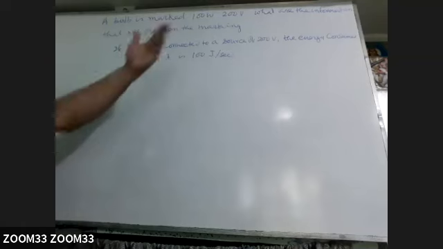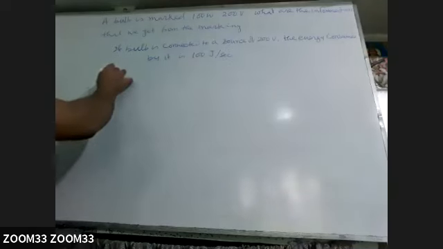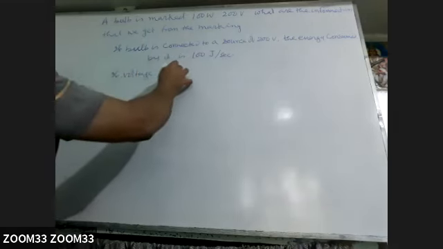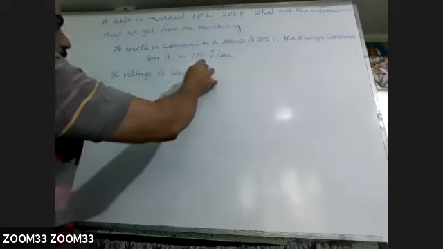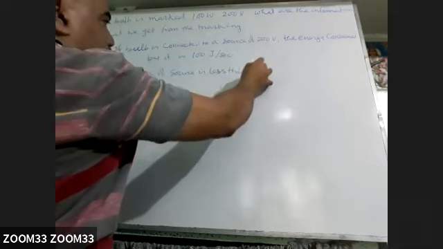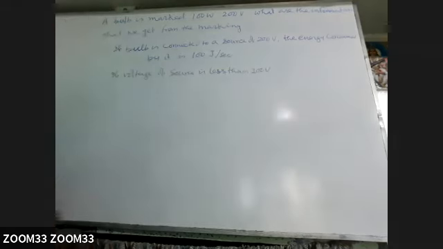If you are connecting a source less than 200, what will happen? The voltage of the source is less than 200. Will the bulb glow?